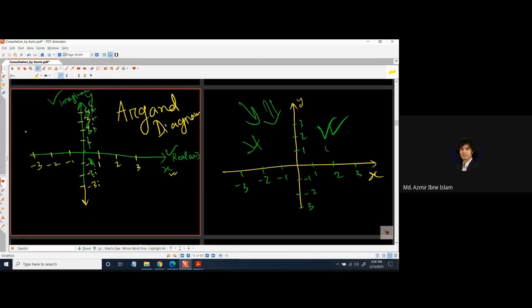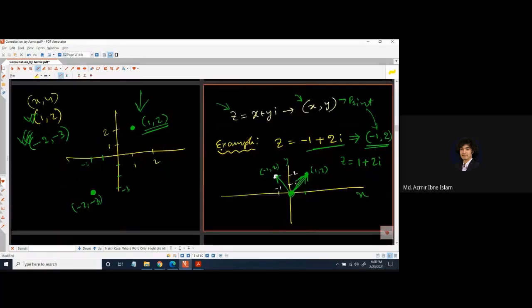So the diagram that we are having here is called the Argand diagram. The mathematician Jean Robert Argand actually used this process to locate any complex number. So now it is easier for us to locate any complex number in the standard form, like -1 plus 2i, as a point.